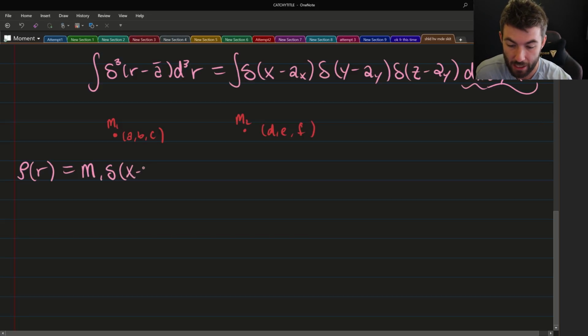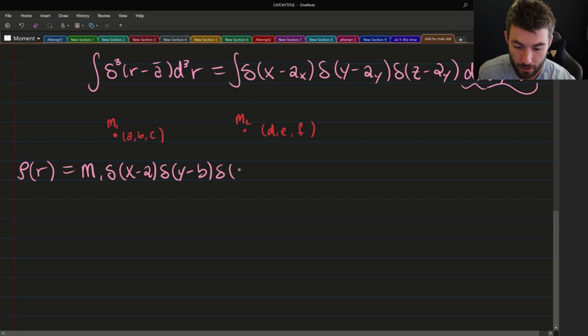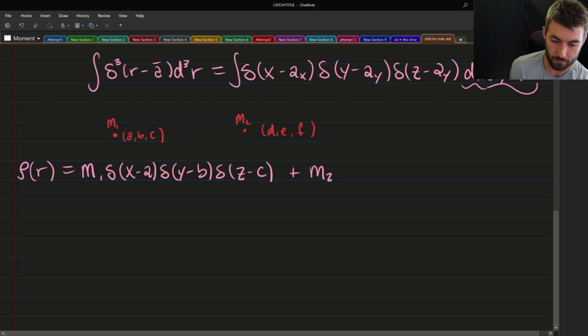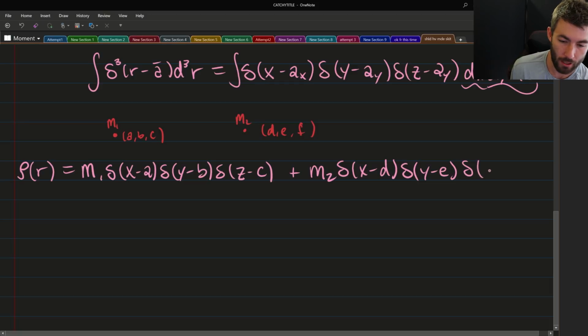So it's delta of x minus a, delta of y minus b, delta of z minus c, plus M2 times delta of x minus d, delta of y minus e, and delta of z minus f.